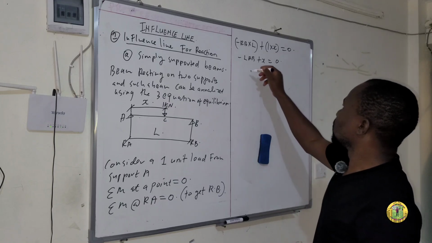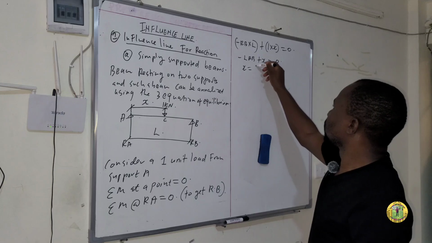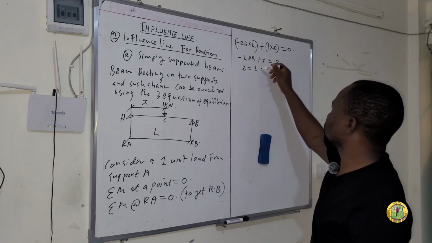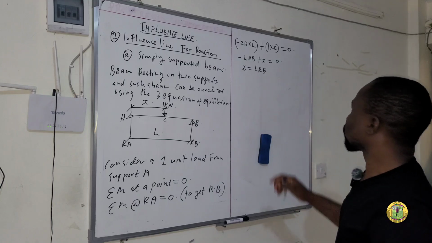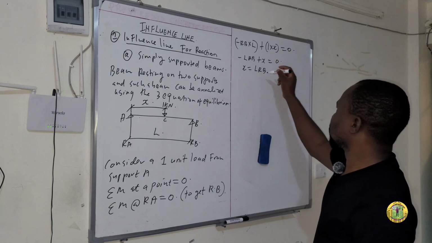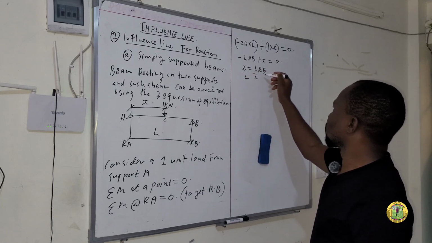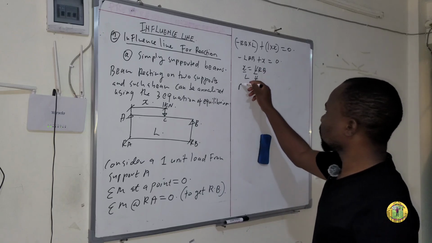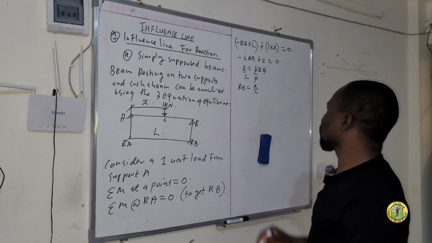Then X is equal to L RB. This one will cross to the other side. So X is equal to L RB. But since we want RB, we divide both sides by L. So L here cancels with that. So RB is equal to X all over L.